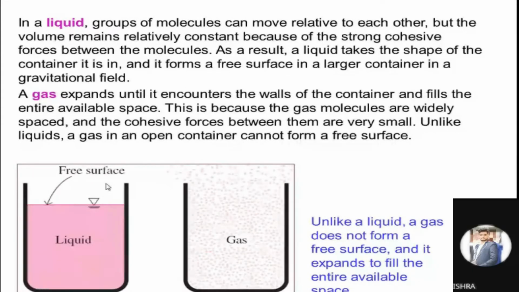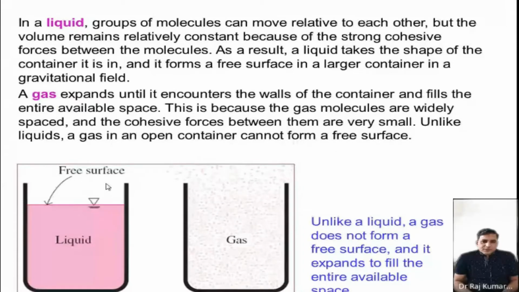Okay, sir. So that's the definition here. In a liquid you have a group of molecules that move over each other. See the first figure here: you have a free surface, and this symbol denotes atmospheric pressure, meaning the container is open to the atmosphere.